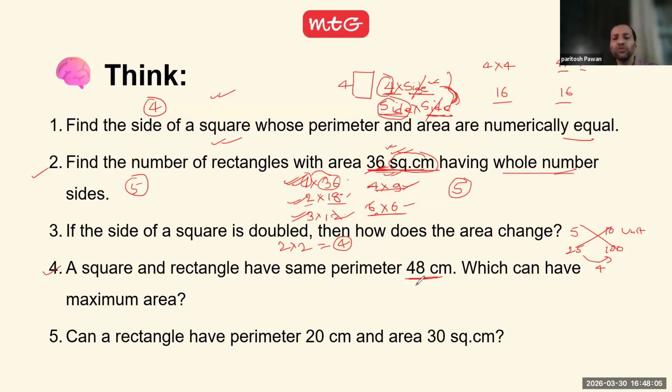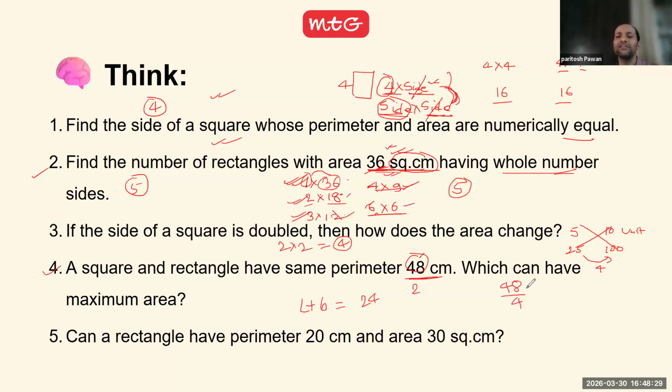What I told you, if we divide this 48 by 2, we get 24, so length plus breadth is 24. In case of a square, the side will be 48 by 4. How do we find it when the perimeter is given for a square?